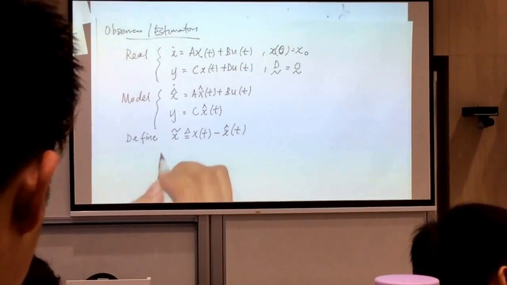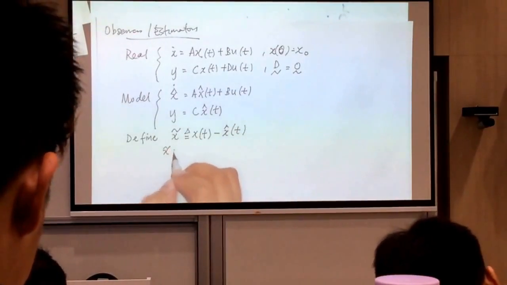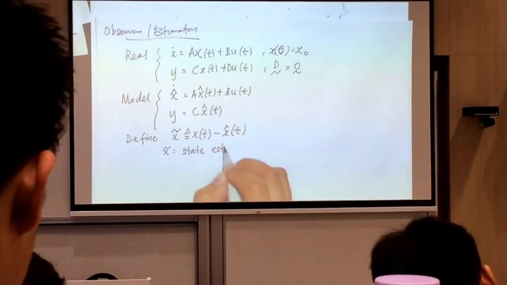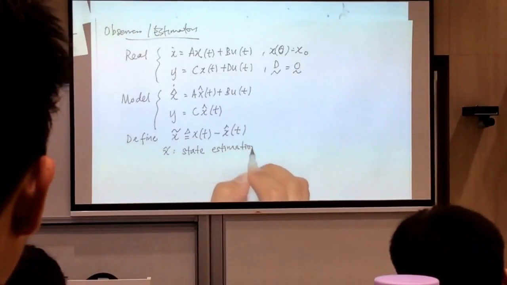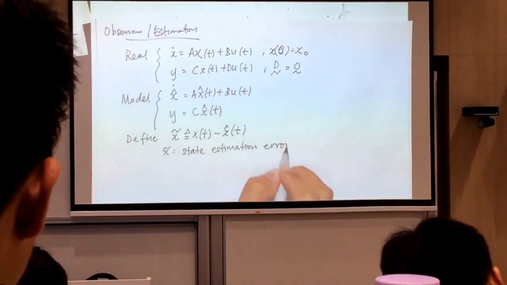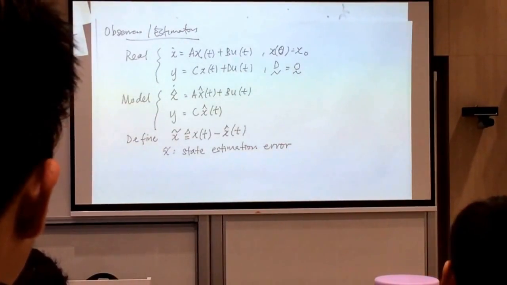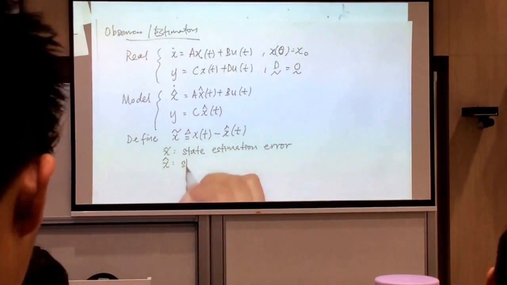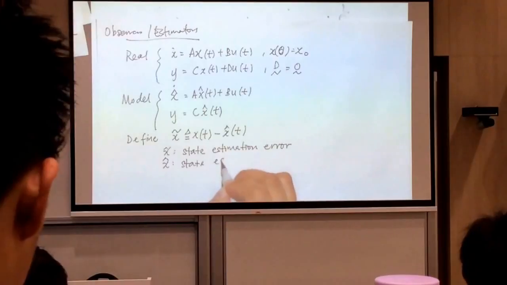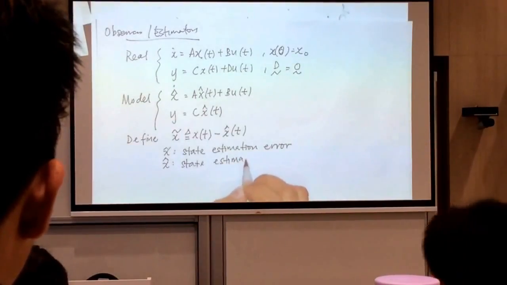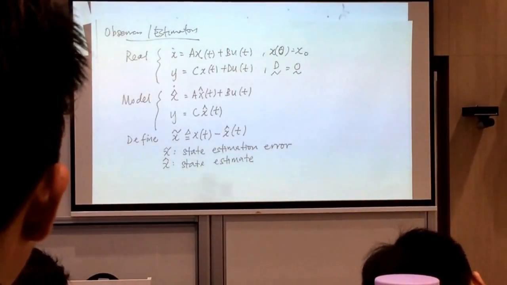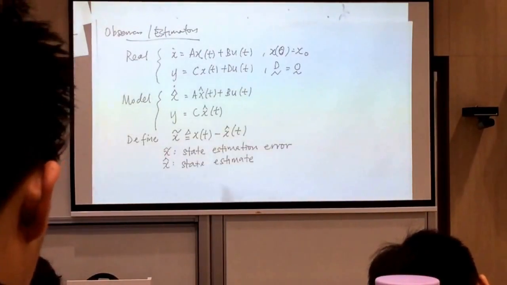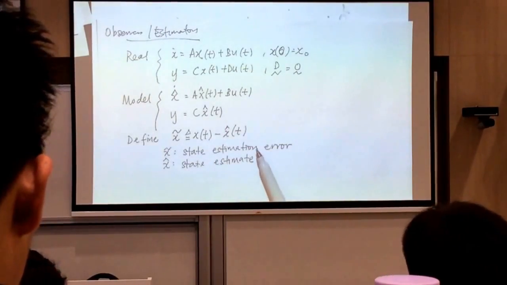What's the definition of x tilde? X tilde is called the state estimation error, and x hat is what we call the state estimate. We define the state estimation error, x tilde, to be the actual state x minus the state estimate.